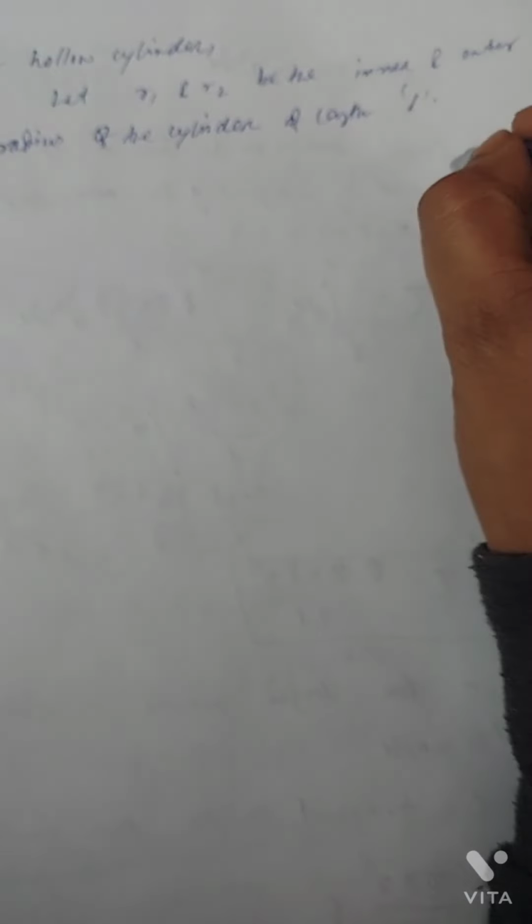Here the inner radius is R1 and the outer is R2. So it will be like this.